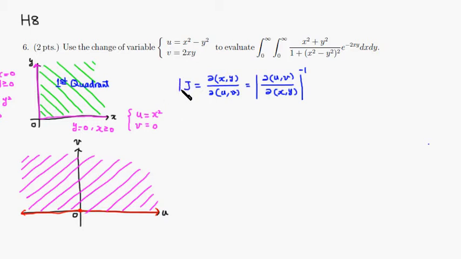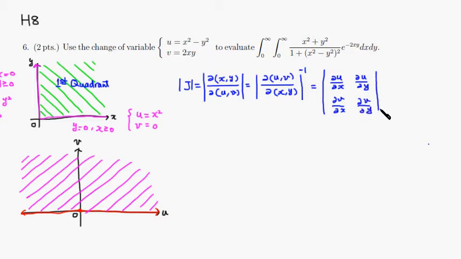Actually, we're looking for the absolute value of the Jacobian. Let's see if you compute it. Maybe I'll write it down. The partial of u with respect to x, the partial of u with respect to y, the partial of v with respect to x, and the partial of v with respect to y.